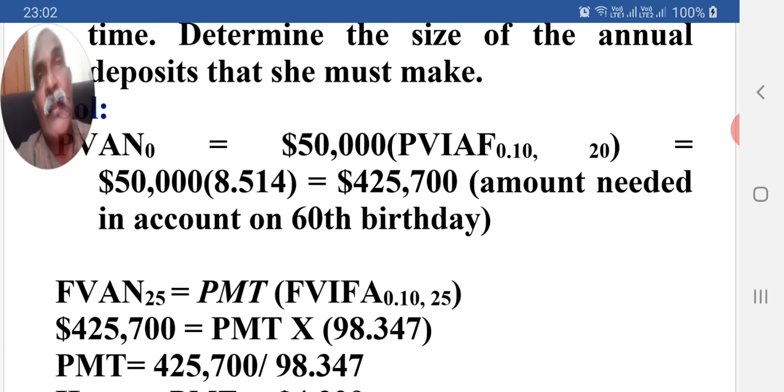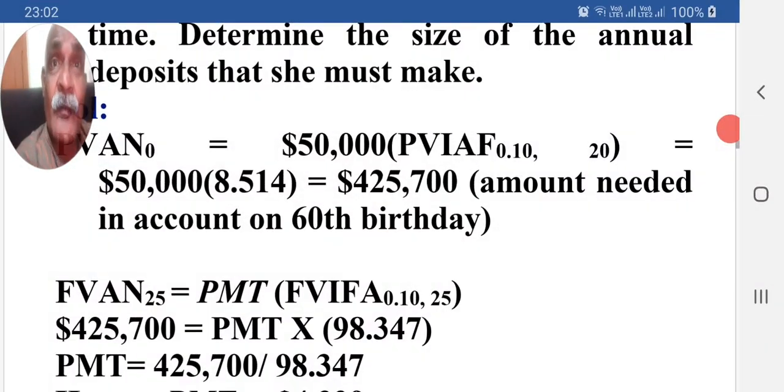When you multiply it by 50,000, the total amount will be 4,25,700. It means you need 425,700 rupees in your savings. Then only you will get 50,000 every year up to the age of 80.